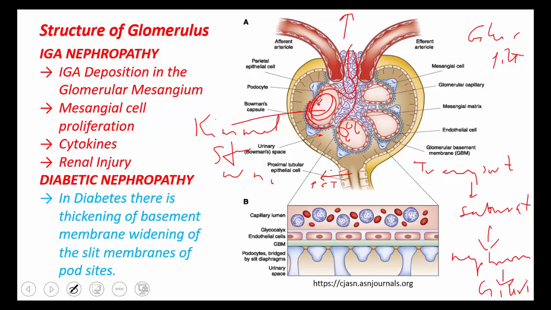Now this matrix and cells will proliferate and shut down the glomerular filtration, and when this shuts off, there will again be leaking of proteinaceous substances in the urine, and when albumin, globulin and different proteins appear in the urine, there will be less osmotic pressure to keep the fluid in the blood vessels.